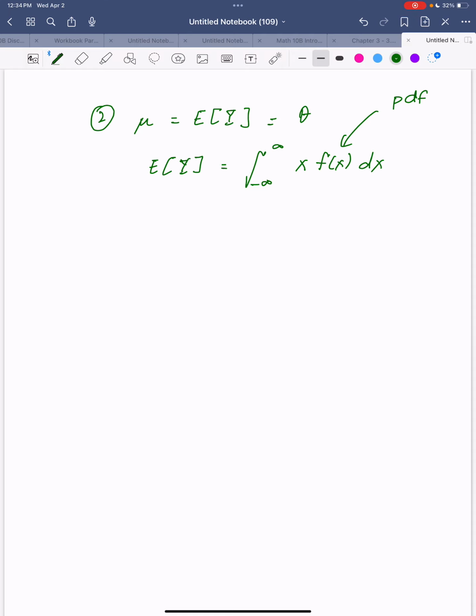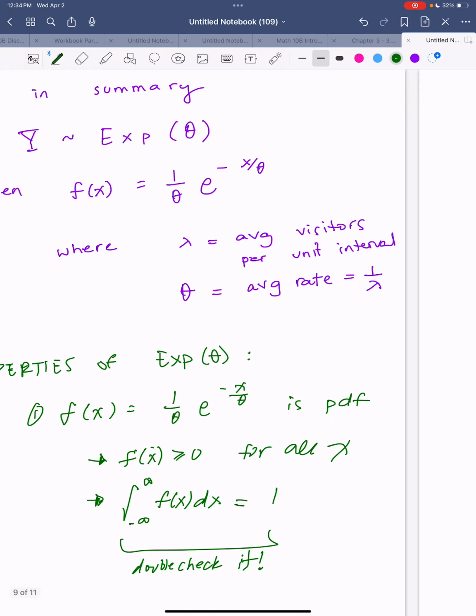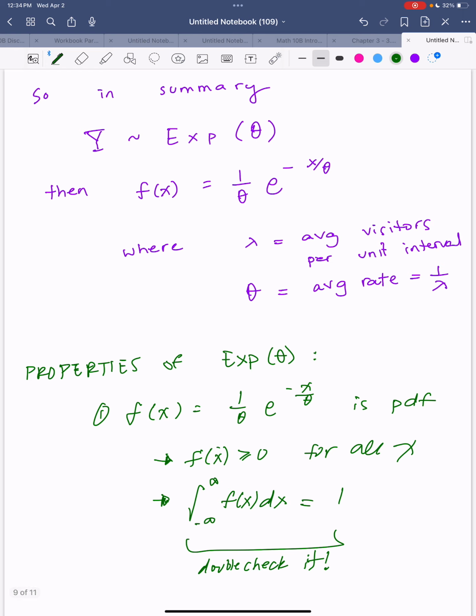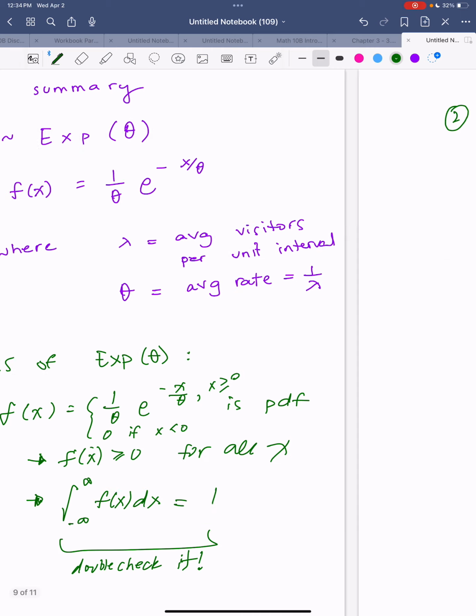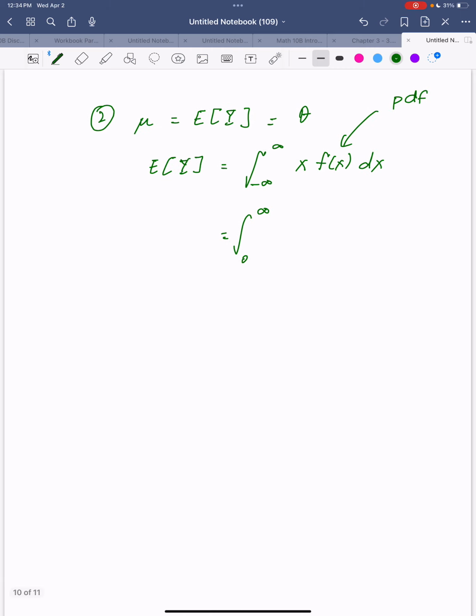And then because our f of x is 0 if x is less than 0, and this is for x bigger than or equal to 0, really it's going to be from 0 to infinity.